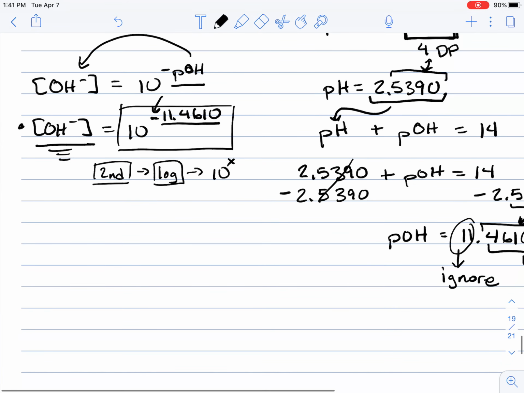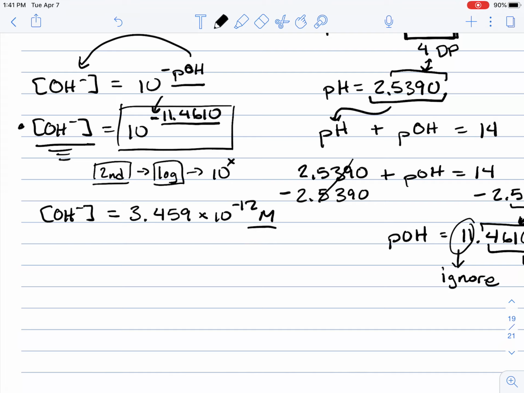So let's plug that into the calculator. Therefore, the concentration of the hydroxide is equal to 3.459 times 10 to the negative 12 molar. You need to make sure that you add the unit of molarity, since now you're talking about the concentration of hydroxide.